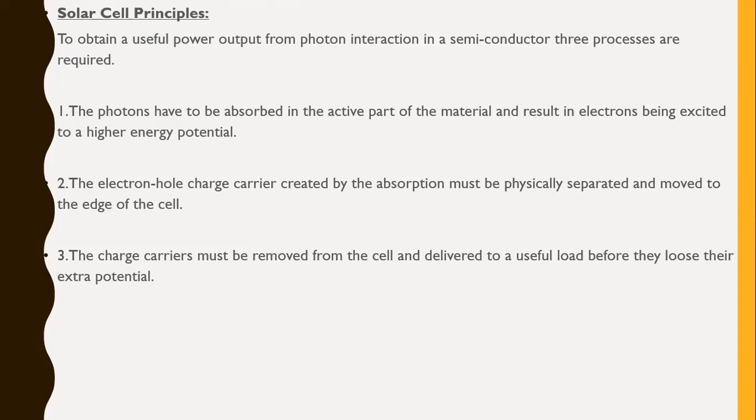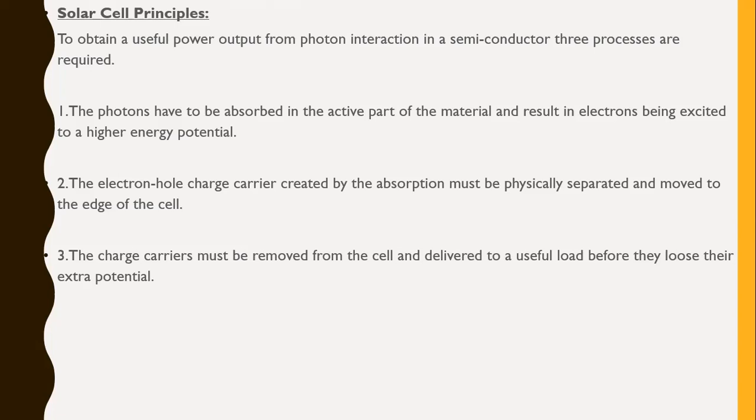So once these electrons are created, there must be an electric field to induce these higher energy electrons to flow out of the semiconductor for our useful work. Okay, so this electric field in most solar cells is provided by a junction of materials which have different properties.